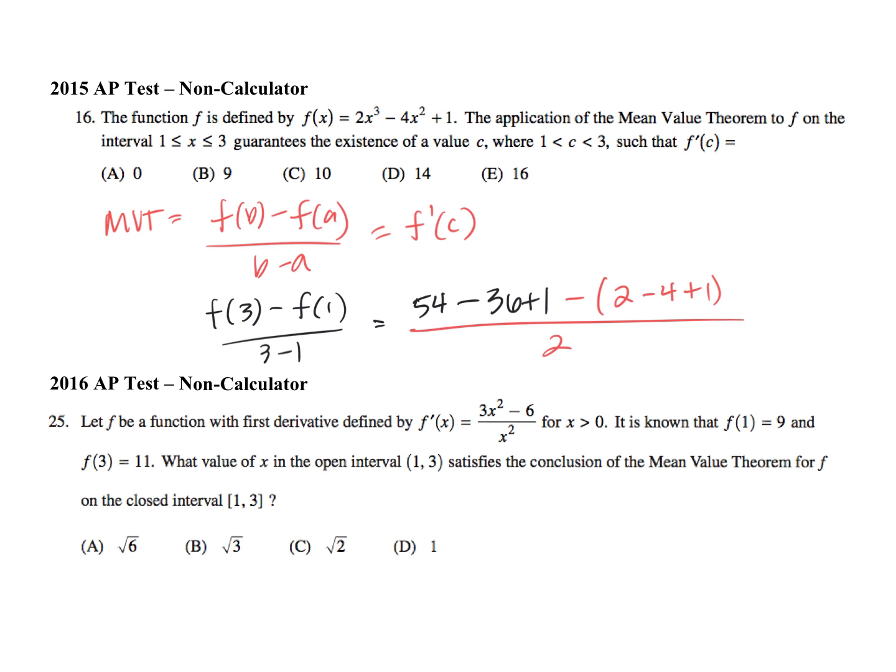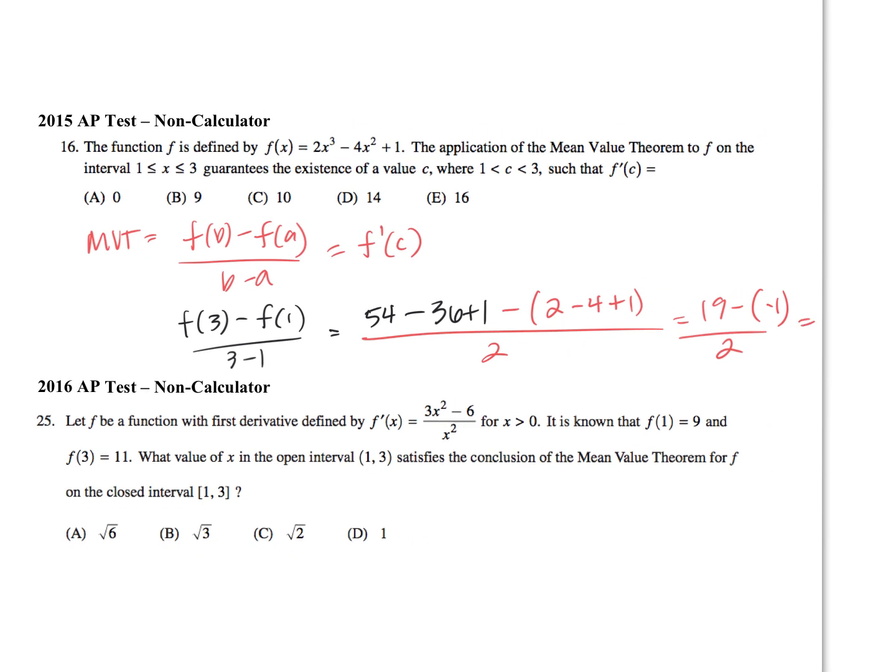Unfortunately, Thomas, we got to get an answer because it's multiple choice. We are smart people. We can do this. 54 minus 36, 18 plus 1, 19 minus 2 minus 4 is negative 2 plus 1 is negative 1. 19. Yeah. 20 over 2 is 10.